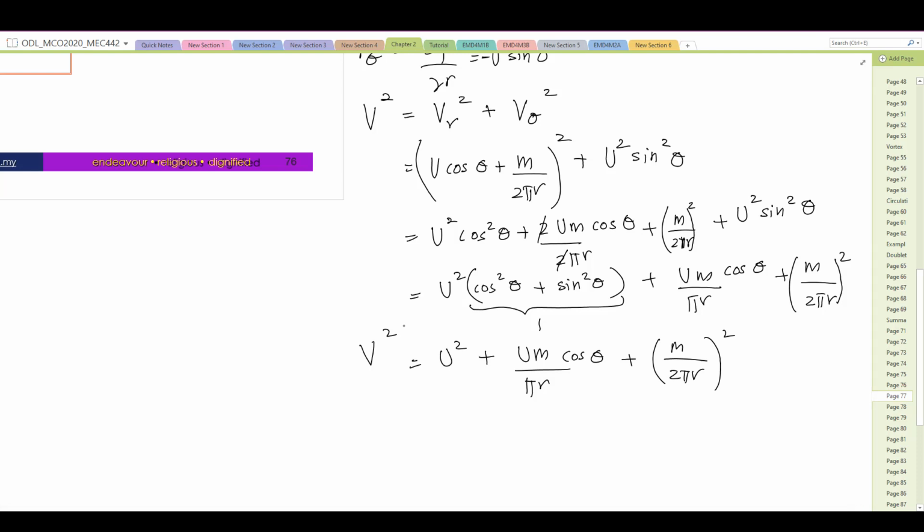If you want to simplify, let's move to the next slide.